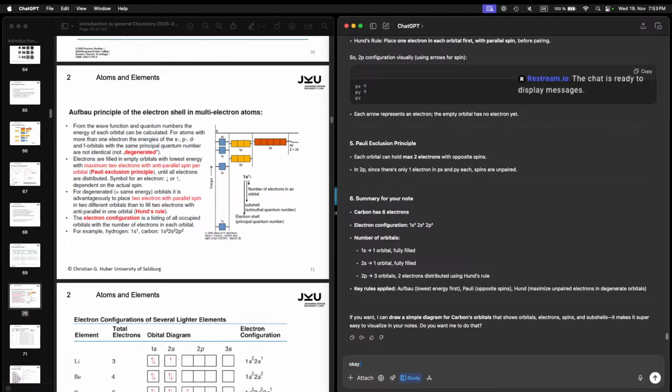Okay, carbon is an example for paramagnetic.